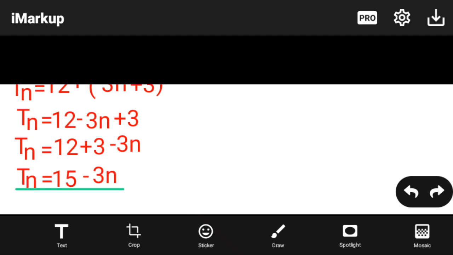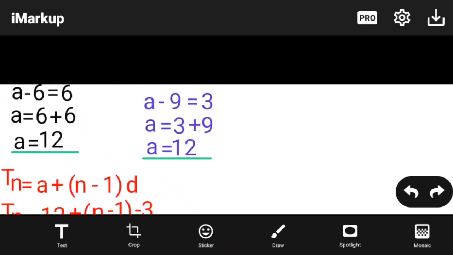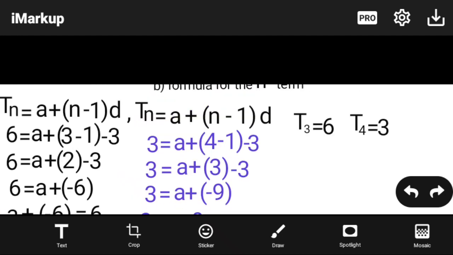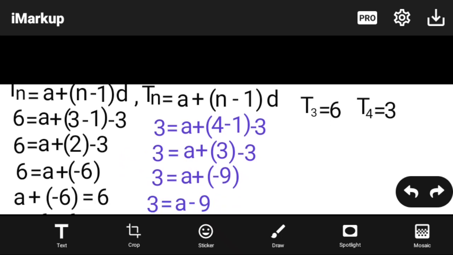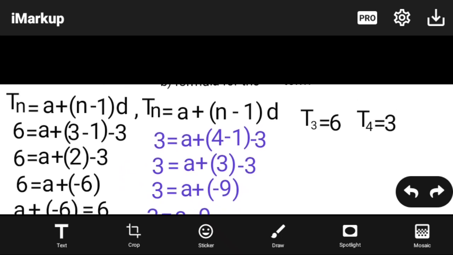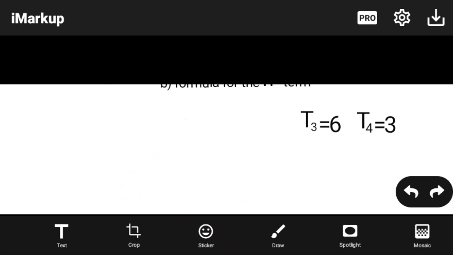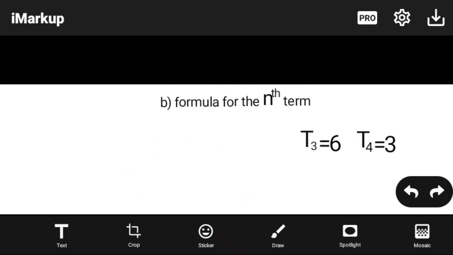So you can use the simultaneous equation to answer this type of question. So it is that simple. I'm going to show you how you can use the simultaneous equation to answer this kind of question. So let me just get rid of this, and then we start answering these questions.